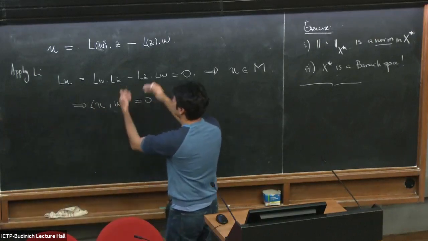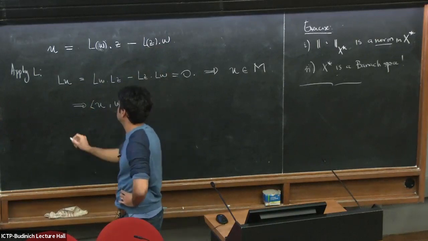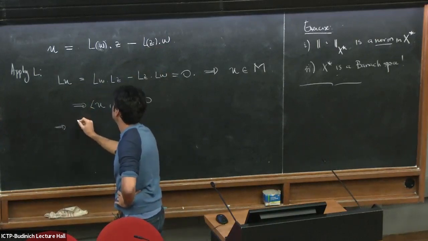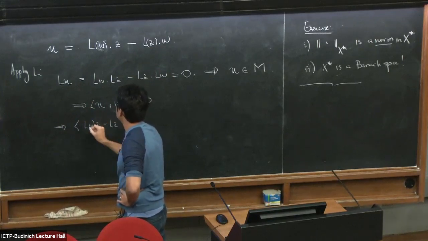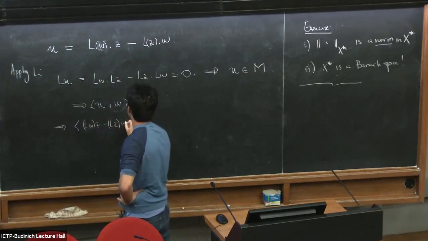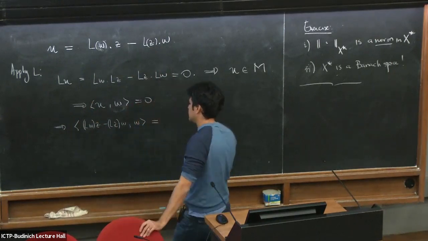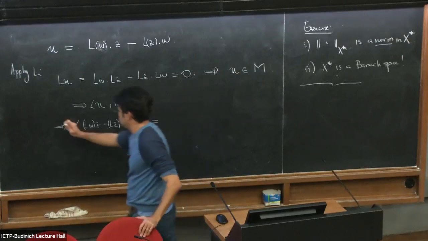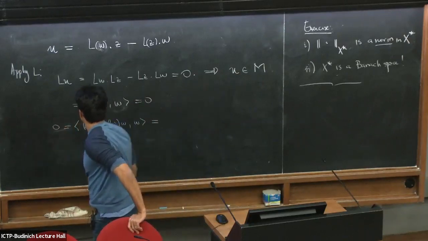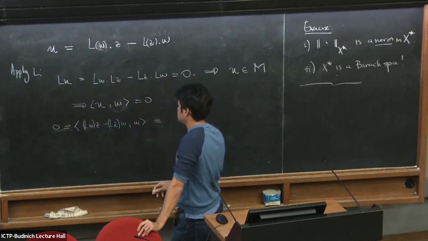Now let's just see what this is. Just take U and do scalar your W. So you get L of W times Z scalar W minus L of Z times W scalar W. This is equal to 0.